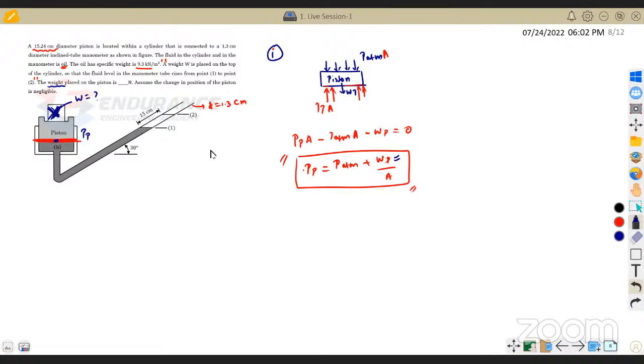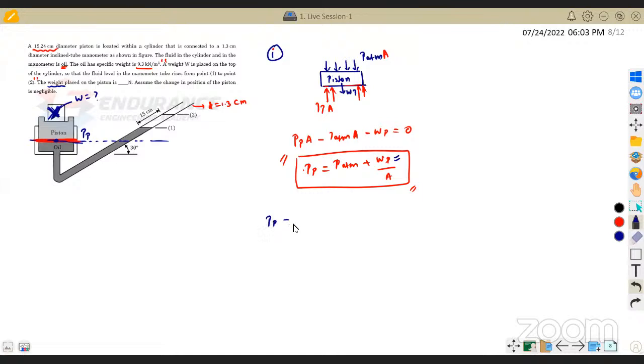Now draw the datum line. If I draw the datum line, the pressure at this point is PP.